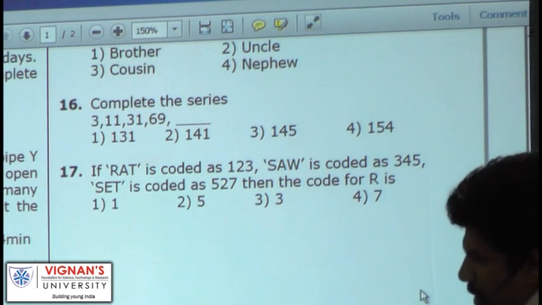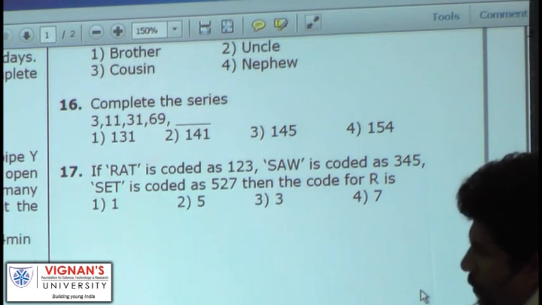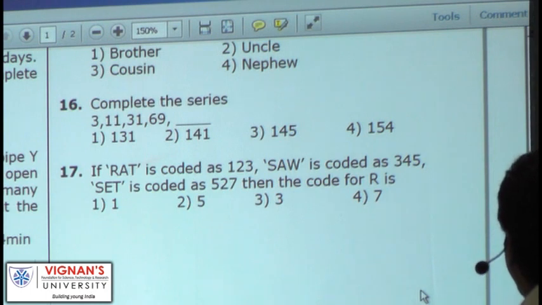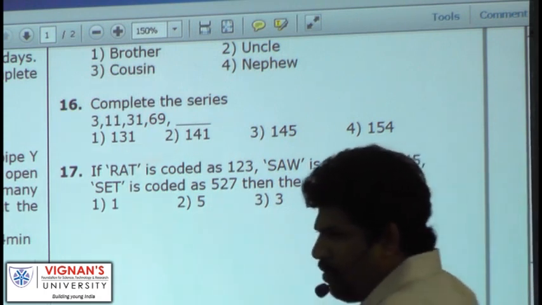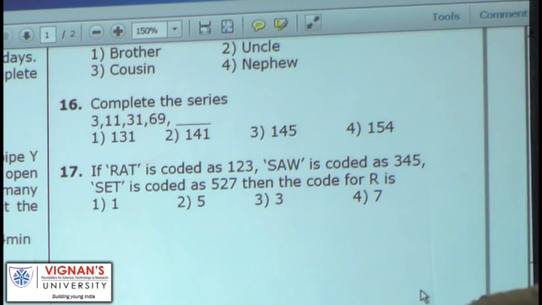R-A-T, S-E-T. T is common. What is common in the first code and last code? 2. So the code for T is 2. Then what is left? R. What is the code that is remaining now? 1. So R is 1.